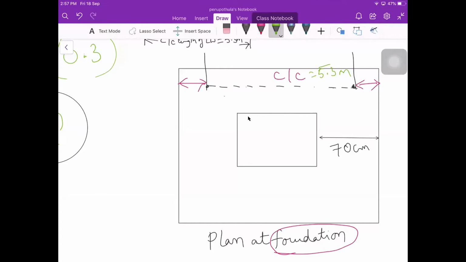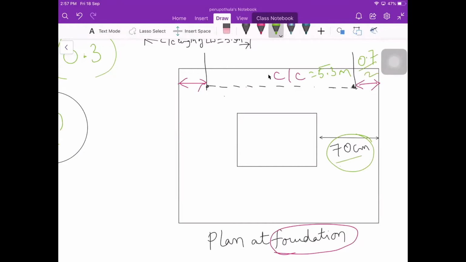Can someone tell me in the chat box what the half width on one side and the half width on the other side is? Fantastic. It is 0.7 divided by 2.